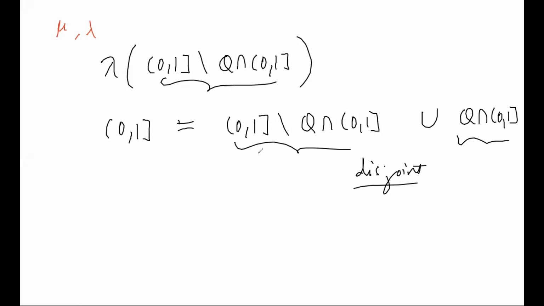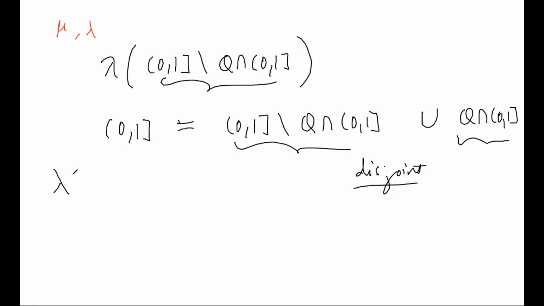Yes. So the idea of writing a set as a union of two disjoint sets is that when you put a measure on it, you can decompose the measure over the disjoint sets. The measure of a disjoint union is just the sum of the two respective measures.